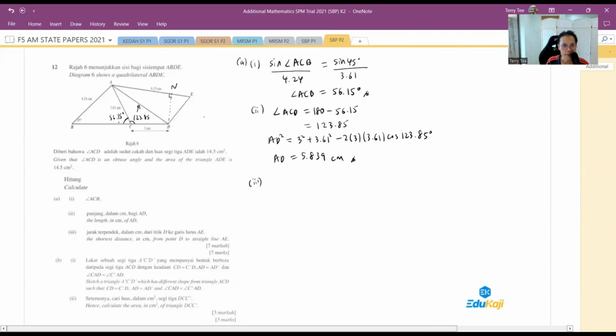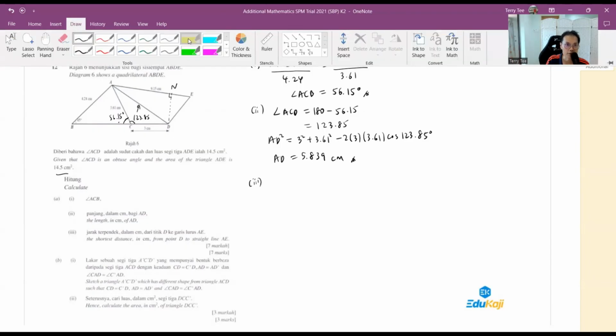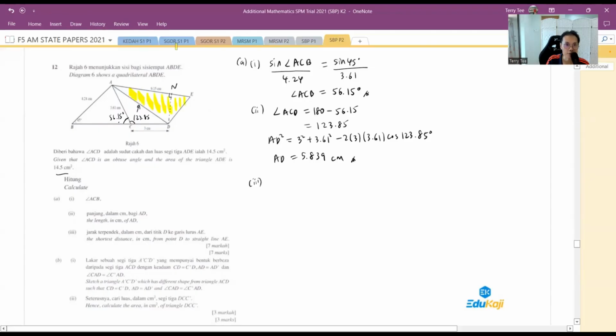So here they gave us the area of triangle ADE is 14.5. So we already know the area of this triangle. It's very simple. We already know the length of the base. Now you don't have to use solution of triangles. A Form 1 student would be able to do this. It's basically half times base times height. Your height, or you can call it DN, is your shortest distance.